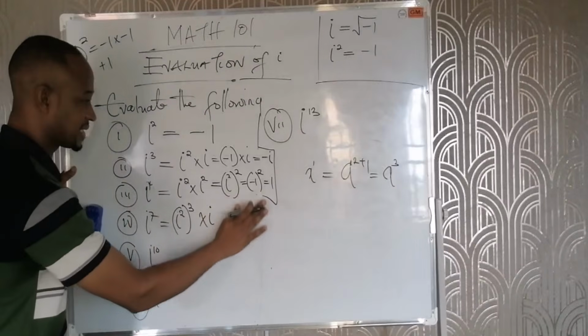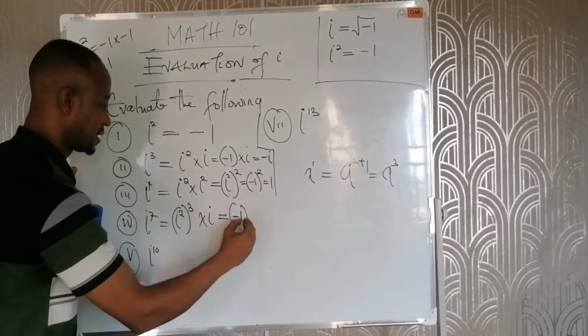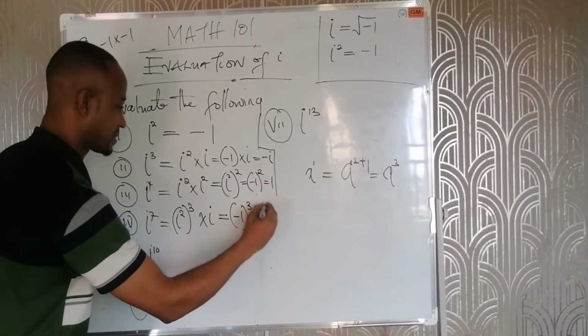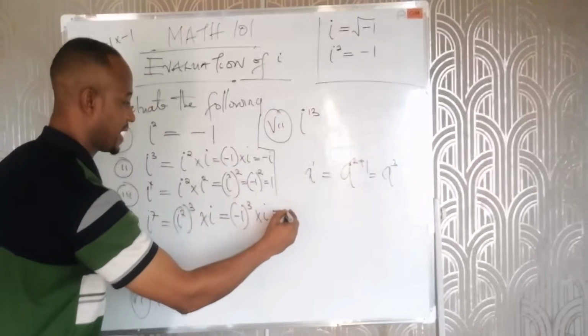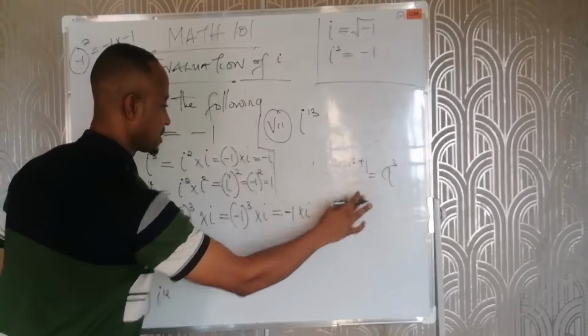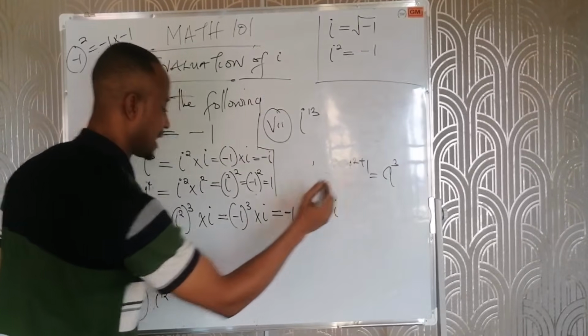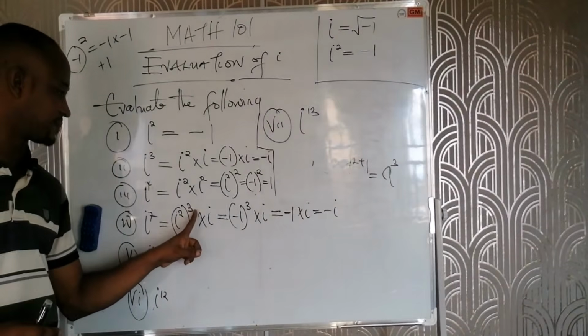So here becomes, let's evaluate this together, minus 1 raised power 3 times i, equals minus 1 raised power 3 will give us minus 1 times i. The answer becomes minus i. I repeat again: i squared raised power 3.